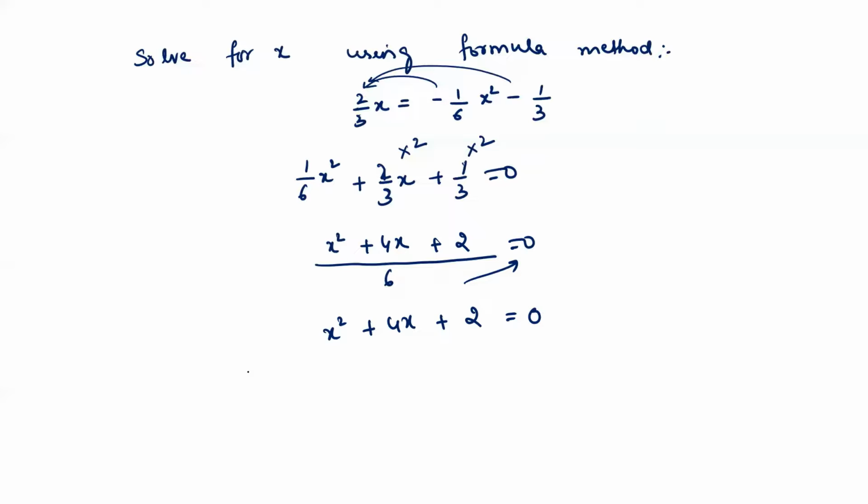Now map the values a equal to, b equal to, c equal to. Find out the value of d, discriminant, and check for what type of roots they have. So what's the value of d you are getting?